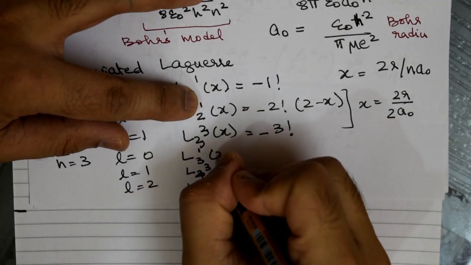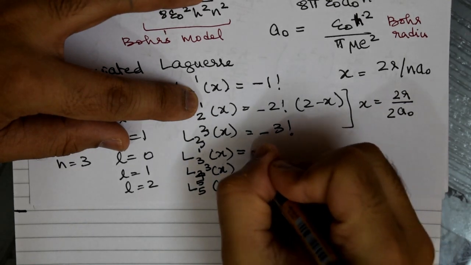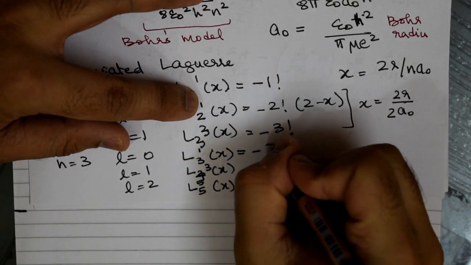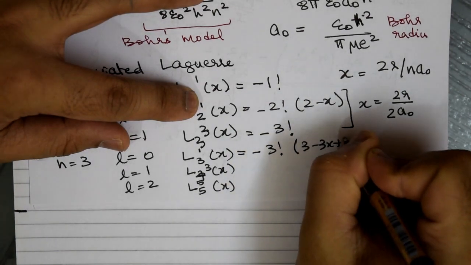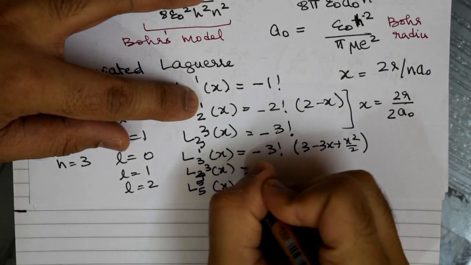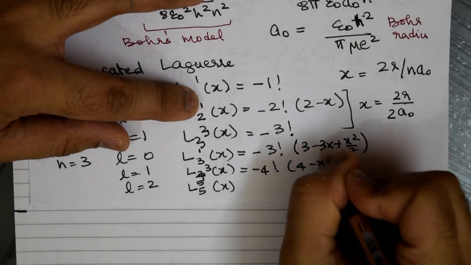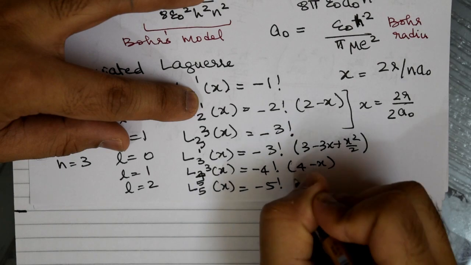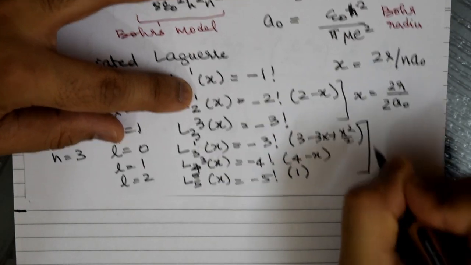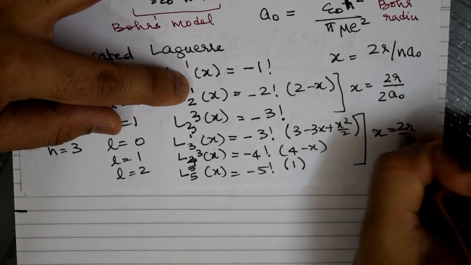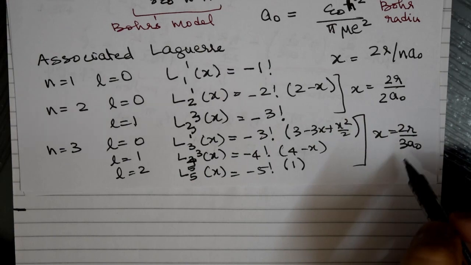These will be equal to minus 3 factorial times (3 minus 3x plus x squared by 2), minus 4 factorial times (4 minus x), and minus 5 factorial times 1. And in this case, x will be equal to 2r by 3 a naught, because we have set x equal to 2r by n a naught.